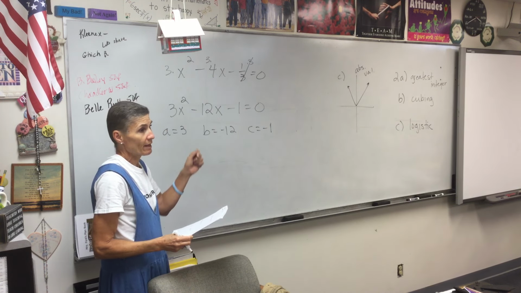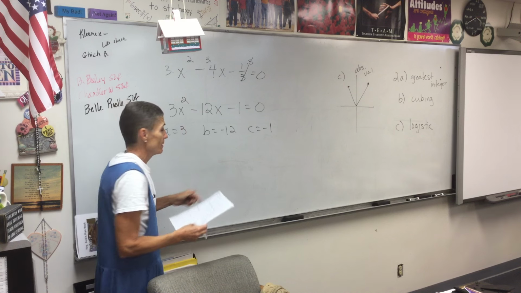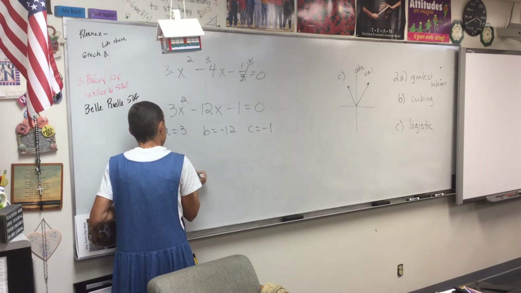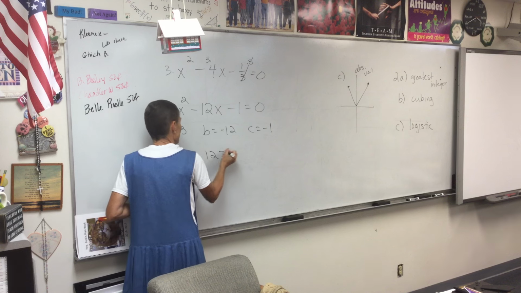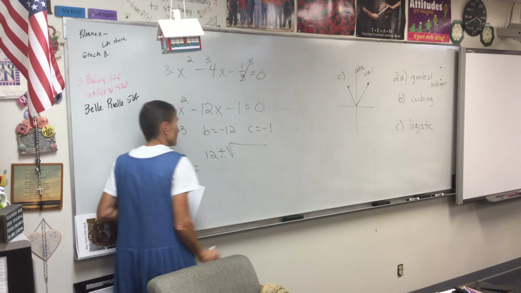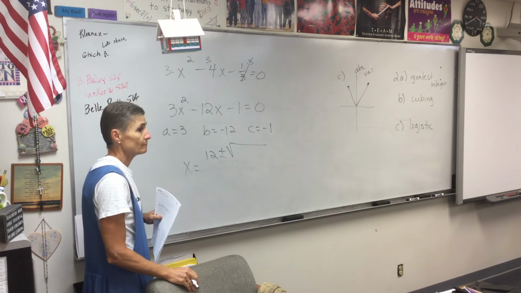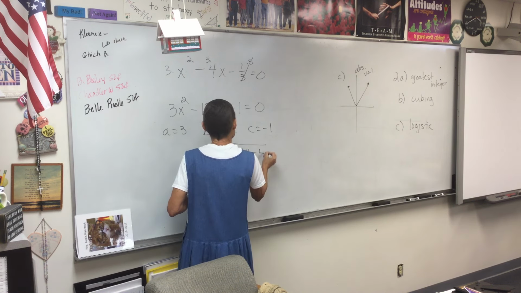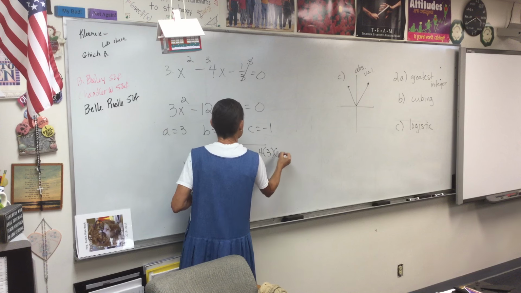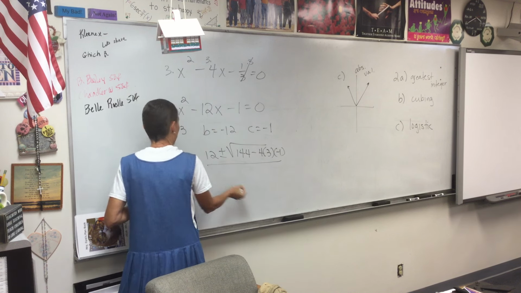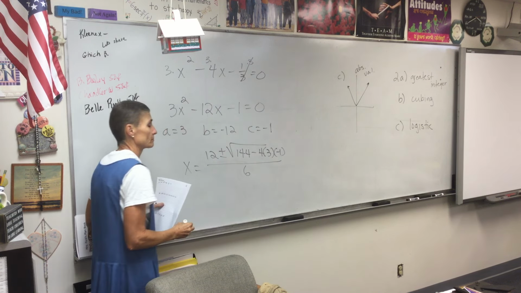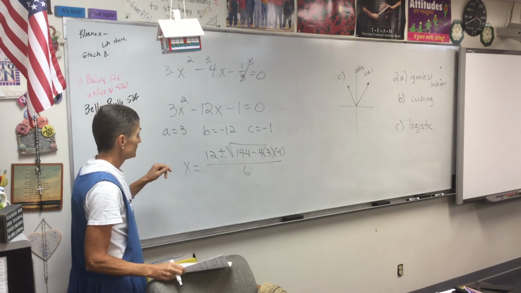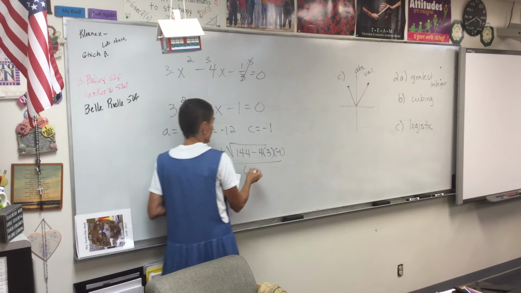Remember, I have a radical. That would be under a radical. Oh my. X equals -b plus or minus the square root of. Anybody know 12 squared? 144. Minus 4 times a times c all over 2a. Now, notice the double negative.